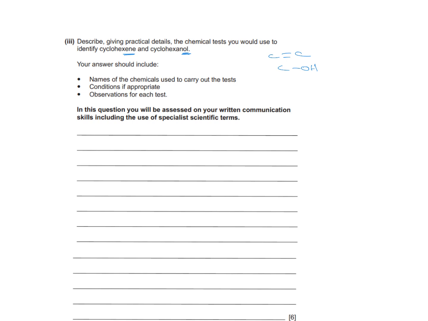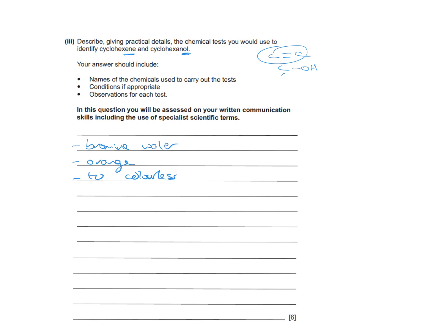So we have to give the names of the chemicals used to carry out the tests. Okay, so let's identify the C-double-bond-C. Just simply use bromine water. And again, you can say that you shake that, and it's orange or it can be brown. It just depends on the concentration of it. So I'm going to say it's orange, and it'll go to colourless.